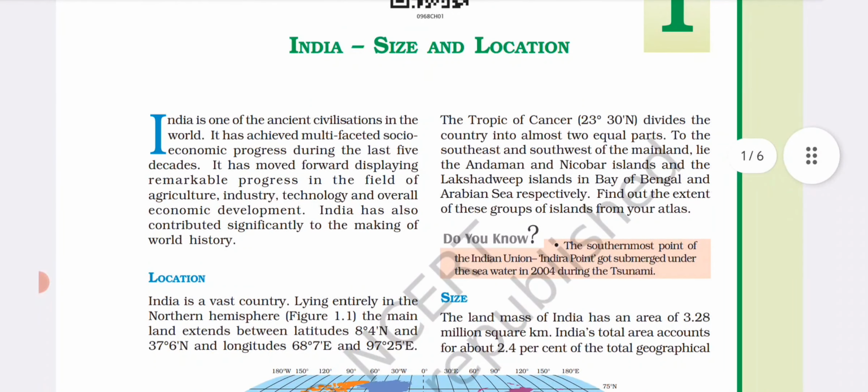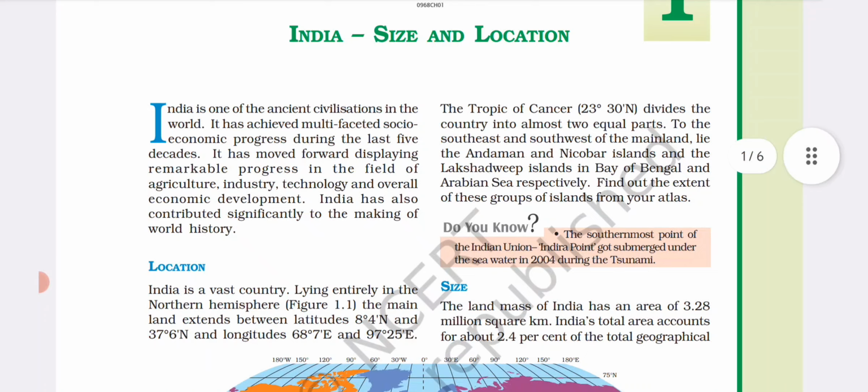The Tropic of Cancer, 23 degree 30 minute north, divides the country into almost two equal parts. To the southeast and southwest of the mainland lie the Andaman and Nicobar Islands and the Lakshadweep Islands in the Bay of Bengal and the Arabian Sea respectively. Find out the names of these groups of islands from your atlas.